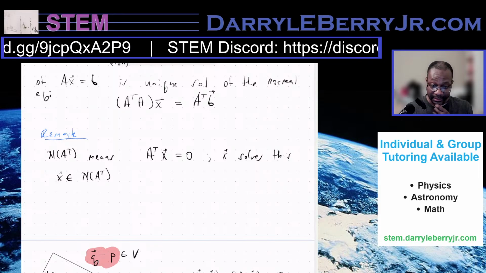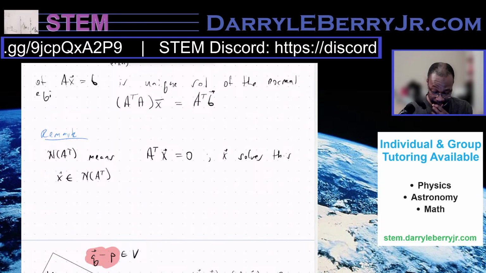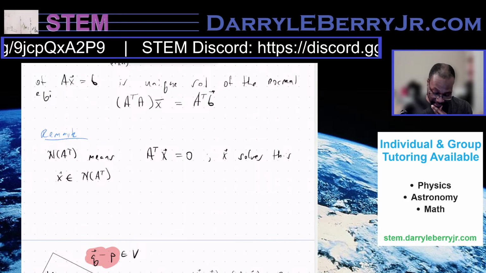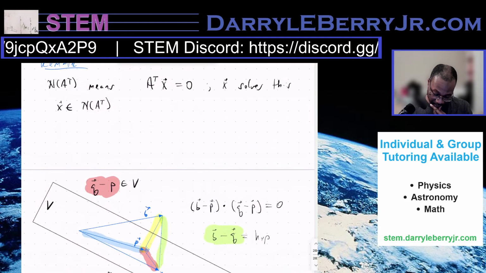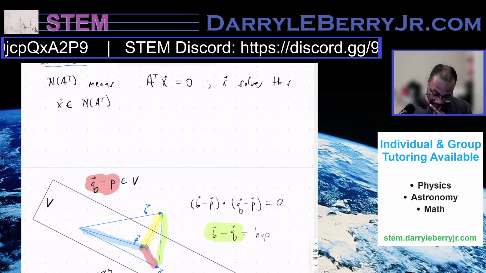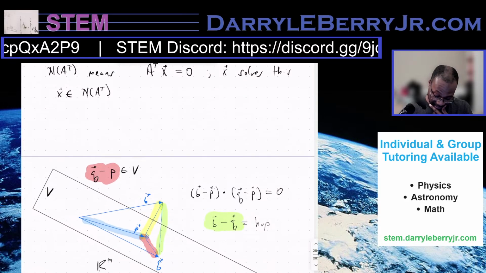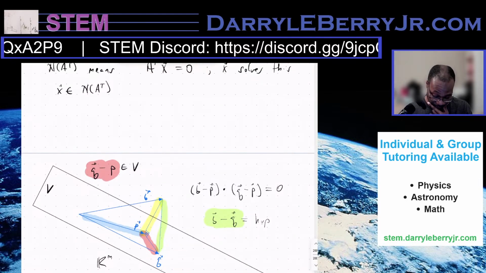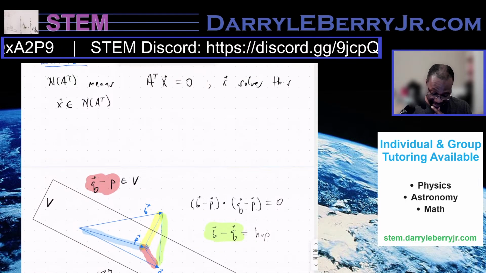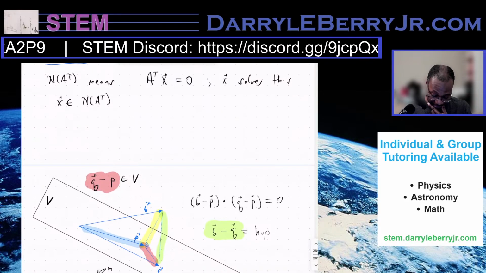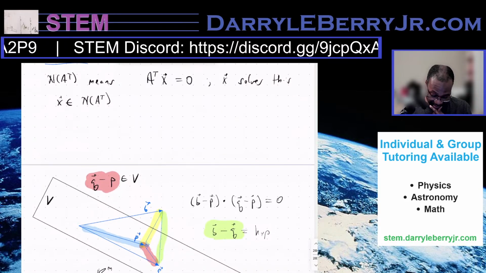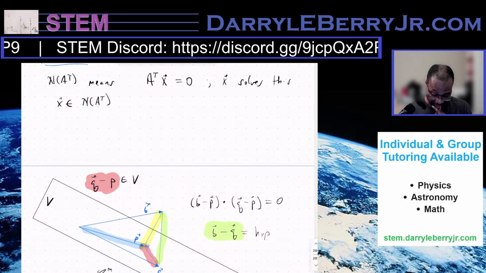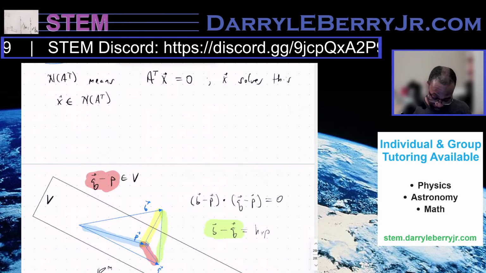And it's saying that, oh, so B minus P, the yellow line, is in the null space of A transpose, because A transpose times B minus P is 0.